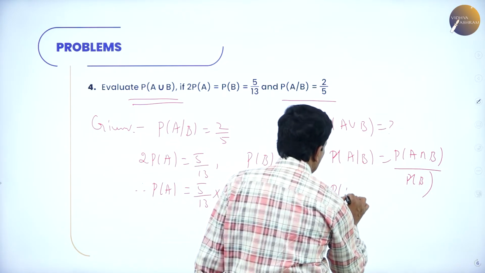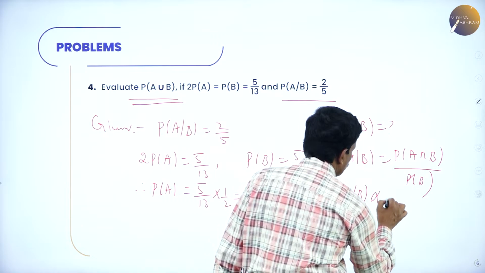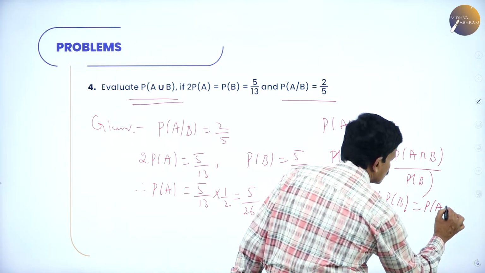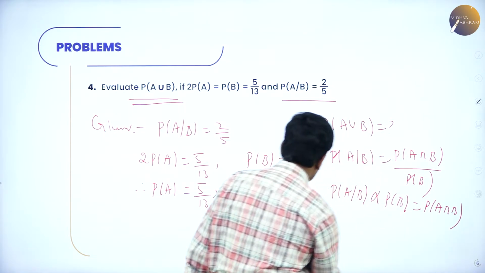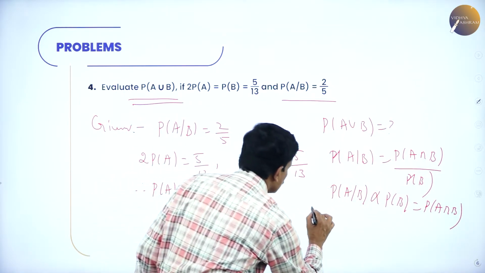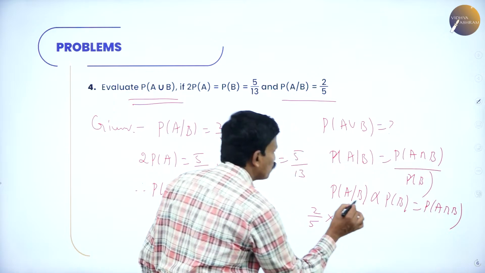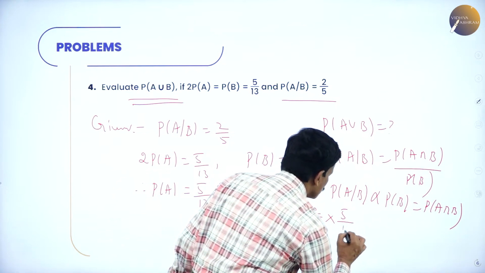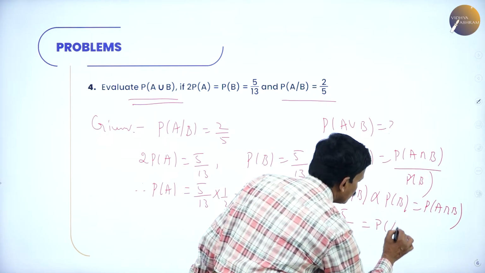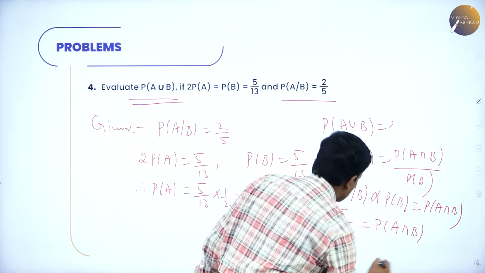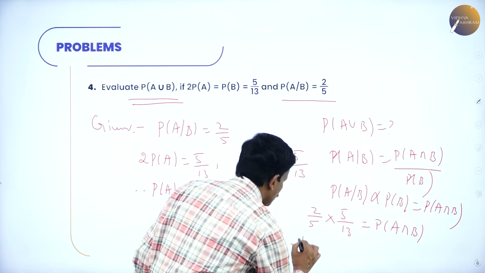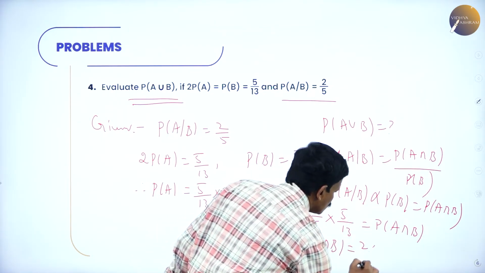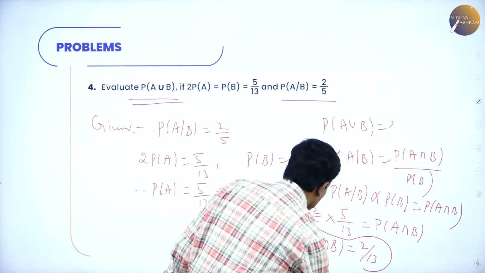This is probability of A given B into probability of B is equal to probability of A intersection B, that is A and B. Probability of A given B is 2 by 5 into probability of B. What is B? 5 by 13 is equal to probability of A and B. So 5 and 5 get cancelled. Therefore probability of A and B, A intersection B, is equal to 2 by 13.